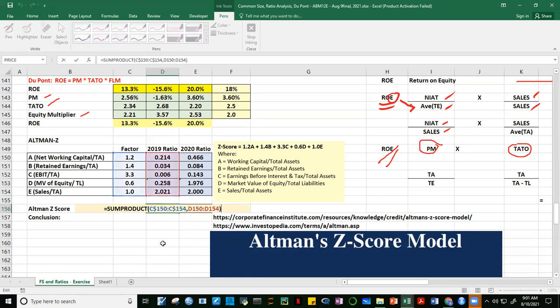So here we can use the function SUMPRODUCT. SUMPRODUCT of your factor and then your D, and then if you fix natin tong column C para makopy natin to the right yung answer. So it will be 1.2 times 0.214 plus 1.4 times 0.03, 3.3 times 0.06 plus 0.6 times this plus 1 times 2.0. So i-multiply niya bawat isa tapos i-add niya. Ang tawag doon SUMPRODUCT.